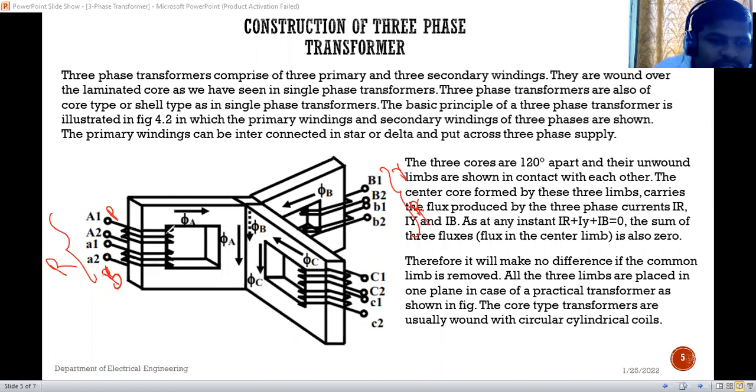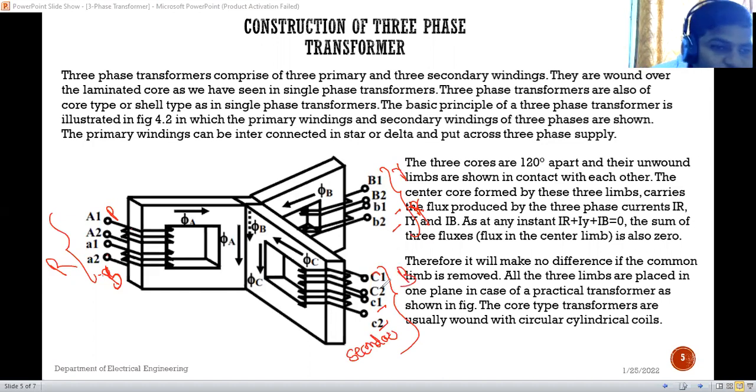So it can be represented as capital A1 A2, capital B1 B2, capital C1 C2, as the primary winding terminals. The primary winding terminal आपण represent करतो. Okay, so representation of terminals is important. Then small a1, small a2, small b1, small b2, small c1, small c2 represent the secondary winding for R phase, Y phase and B phase.